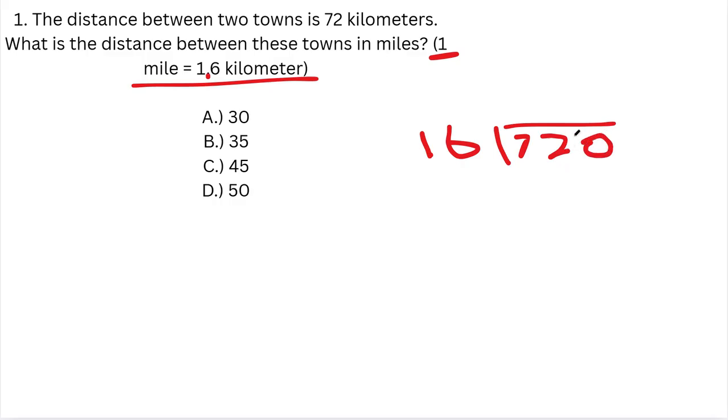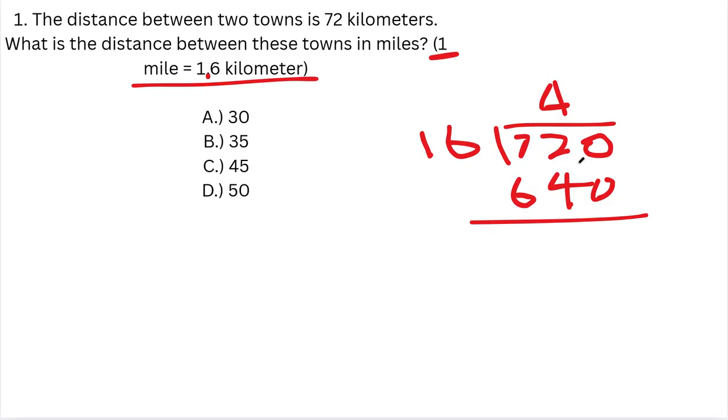Okay, so first, how many times does 16 fit into 72? The correct answer would be 4. And when you multiply 4 and 16, you get 64.